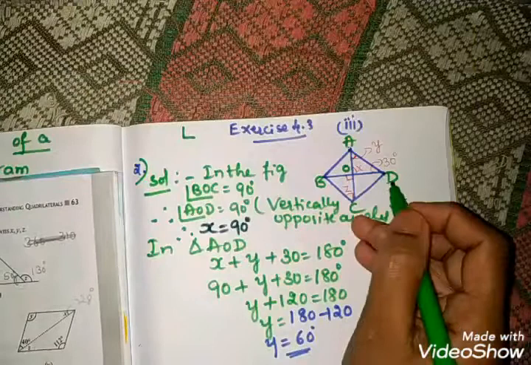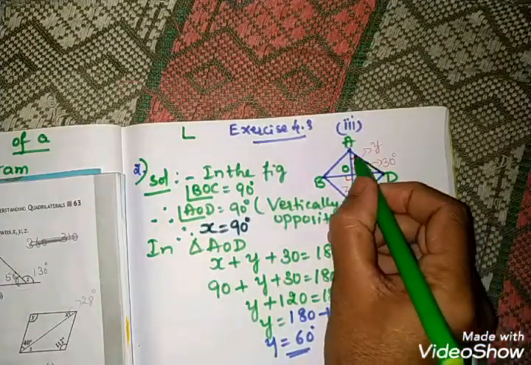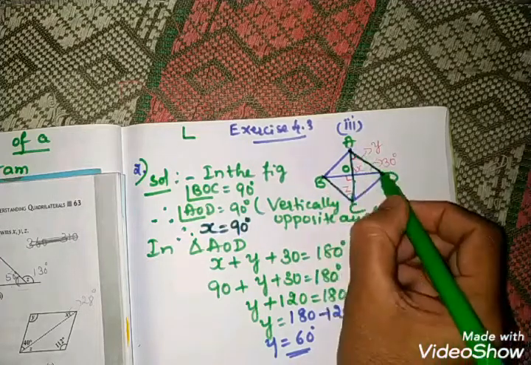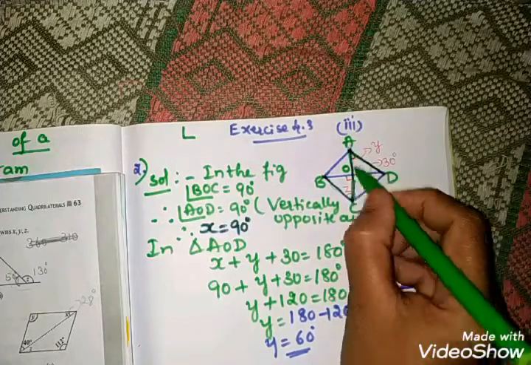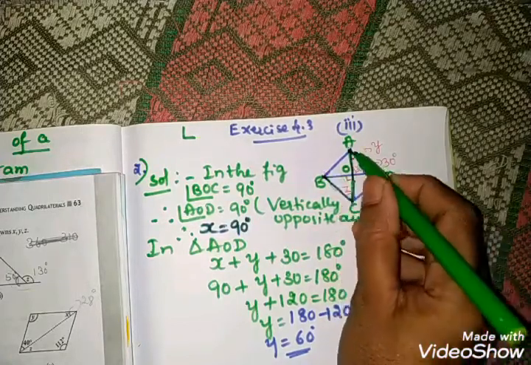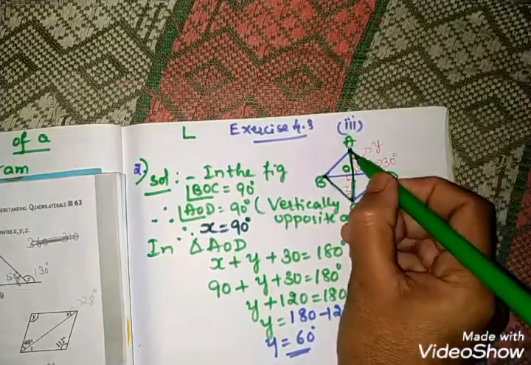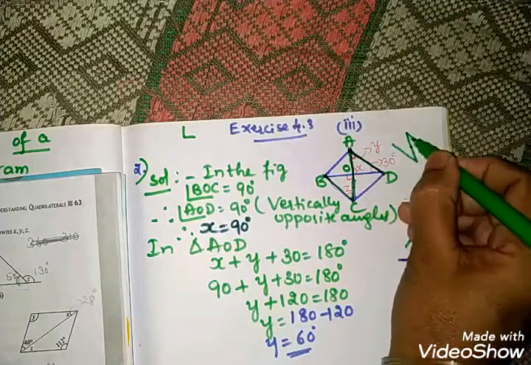How can we use it? You observe here, y we got now 60 degree. Now you consider this Z. Here there is the formation of a Z shape. Can you see here? This angle and this angle.